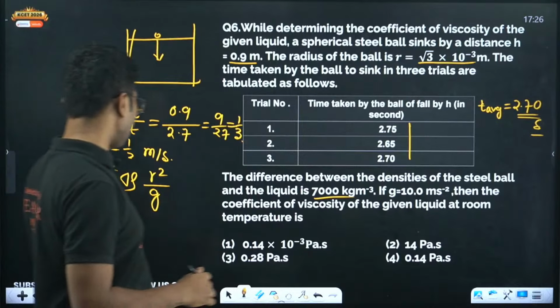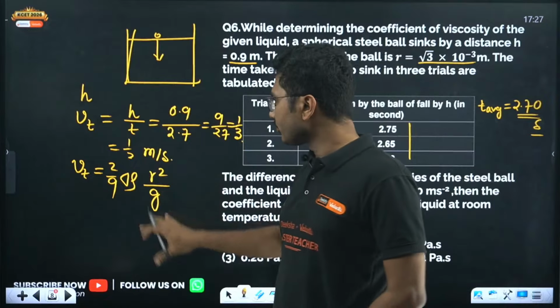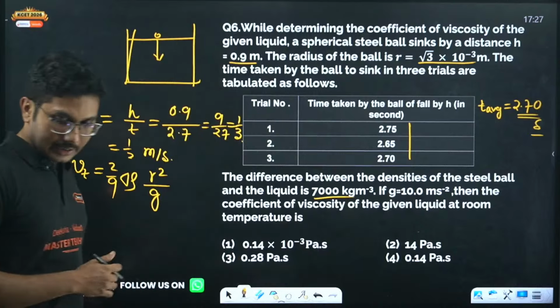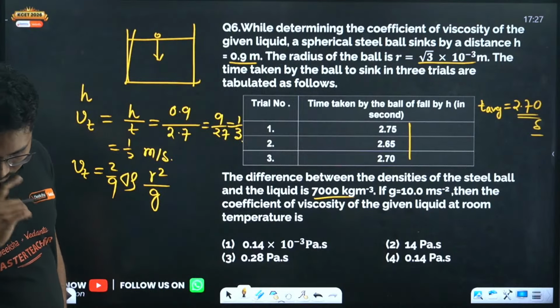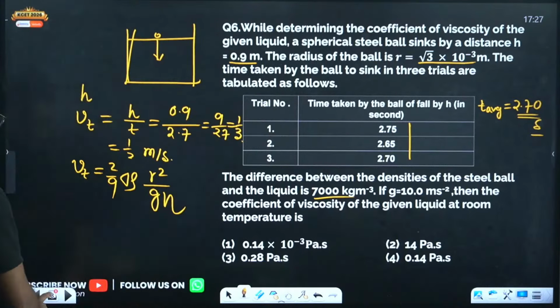So this is the formula. Yes, I was making a mistake, I was ignoring R square and g. So that also you have to include over here, and there will be eta as well. Eta will be in division. Then you can calculate.